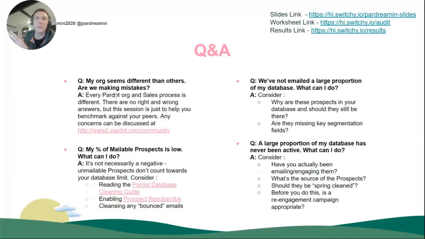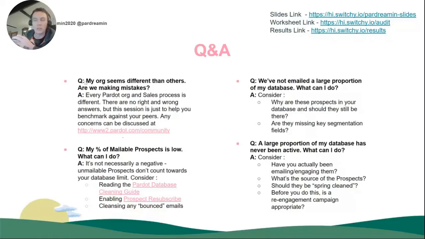As I mentioned earlier, there might be orgs where you're not sending emails to every prospect, and that makes sense for your process. There might be other orgs where you send an autoresponder email straight after a form submission, which means that everybody in your org has been emailed before. So there's no right and wrong answers here. It's really a fun benchmarking exercise to really understand how your org compares to others.